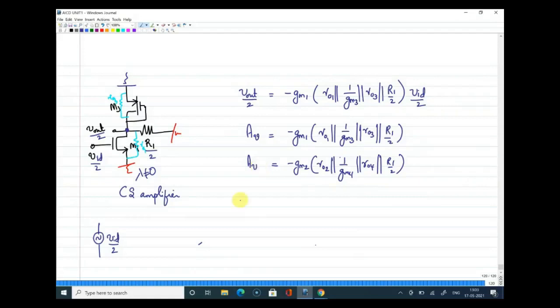So in general, we write AV as minus GM of 1 or 2, in brackets, R0 of 1 or 2 parallel to 1 by GM of 3 or 4 parallel to R0 of 3 or 4 parallel to R1 by 2.